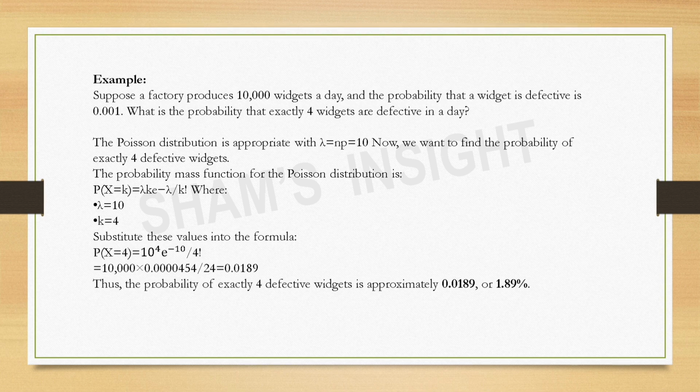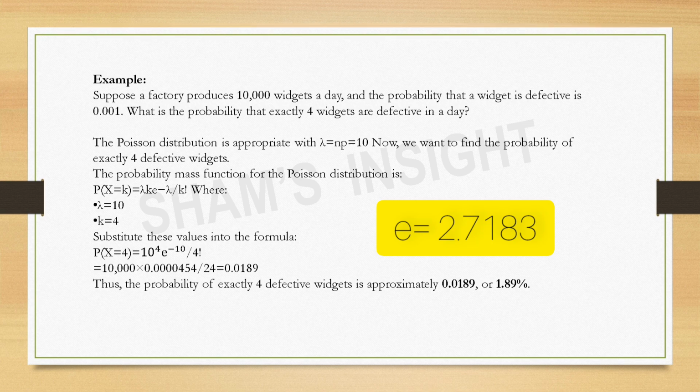Now we have to find the probability of exactly 4 defective widgets. So the probability mass function, the Poisson distribution formula, is P(X = k) equals lambda to the power k, e to the power minus lambda, divided by k factorial. Now here lambda is 10 and k, that is x, equals 4. Substituting these values, 10 to the power 4 times e to the power minus 10 divided by 4 factorial.